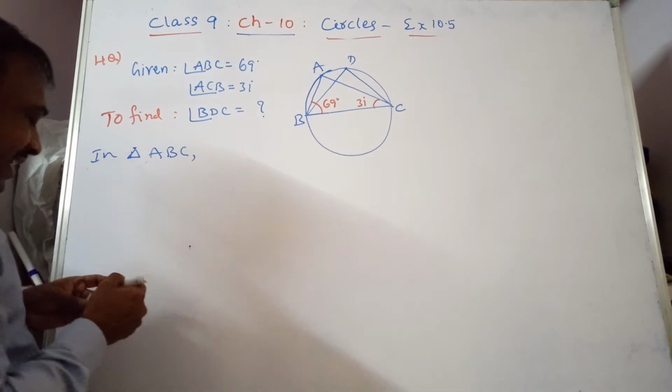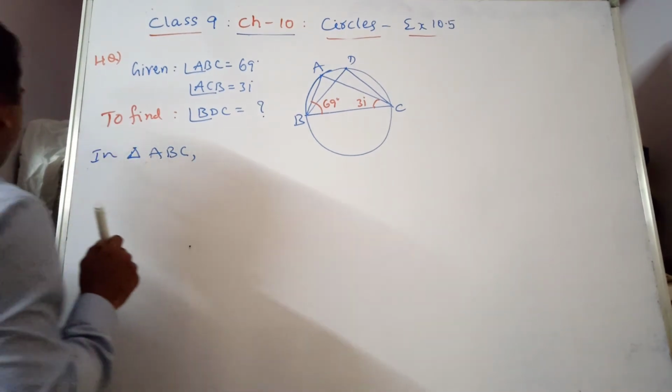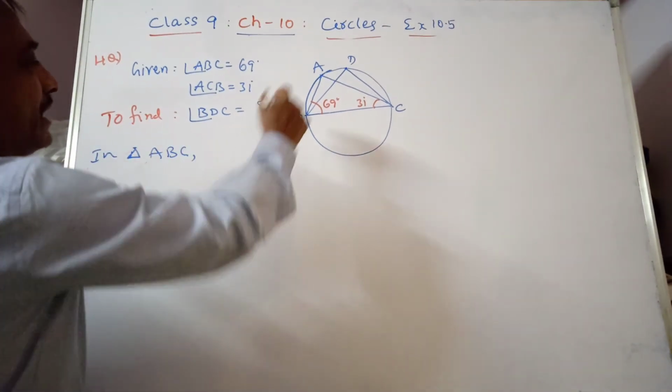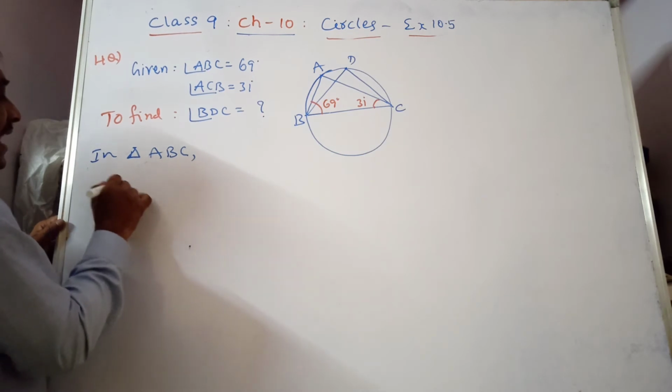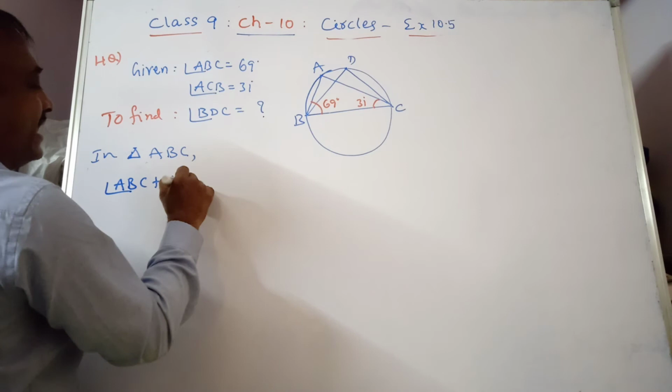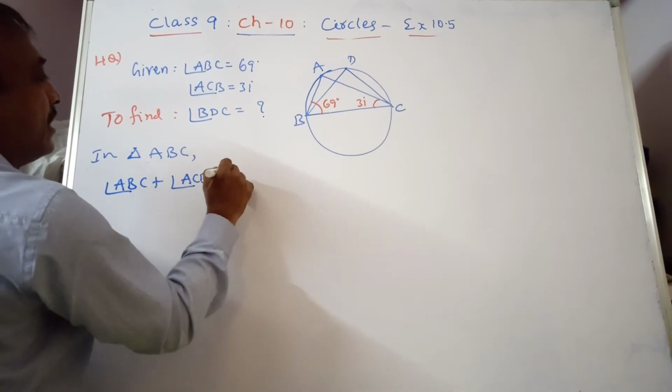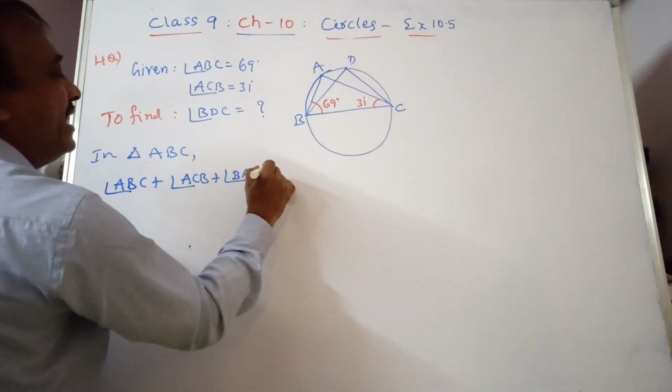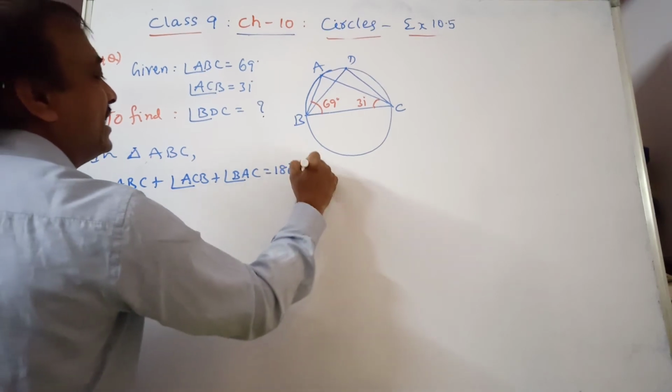ABC, by angle sum property of a triangle, angle ABC plus angle ACB plus angle BAC is equal to 180 degrees.